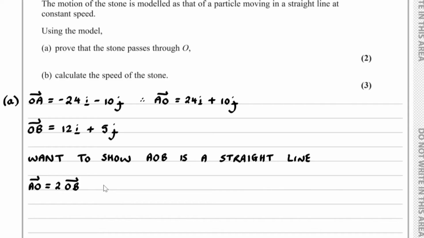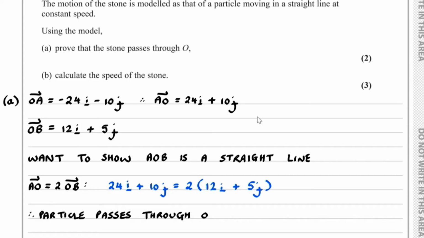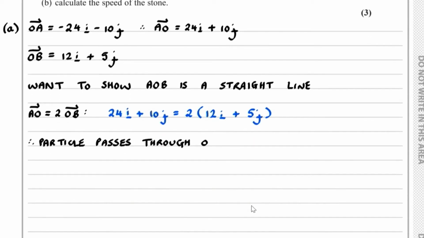Of course, 24i plus 10j is equal to 2 lots of 12i plus 5j. And so what we can conclude then, the particle passes through the point O.